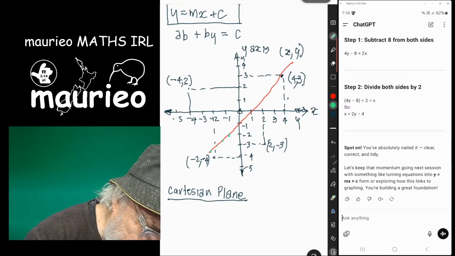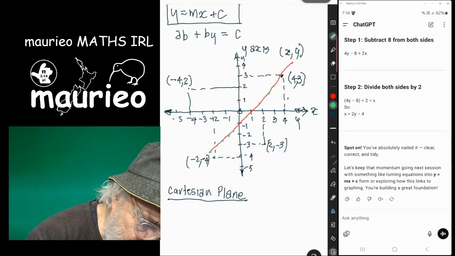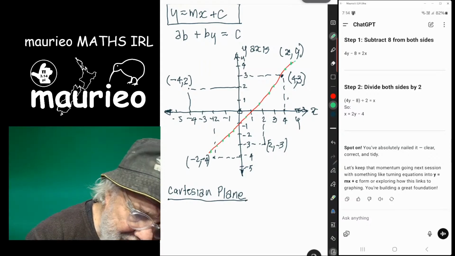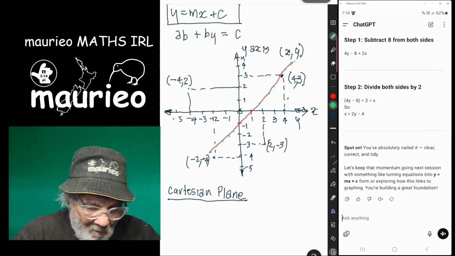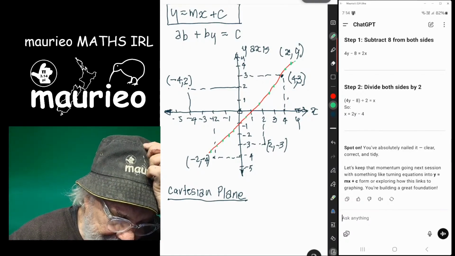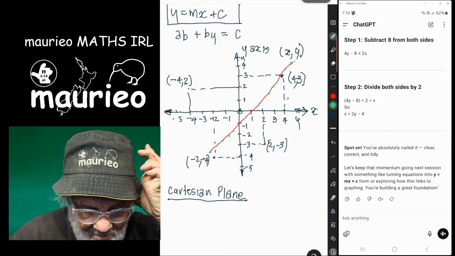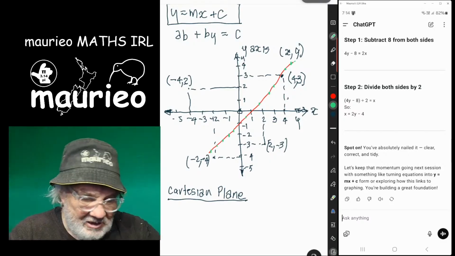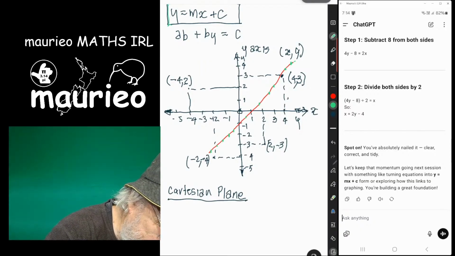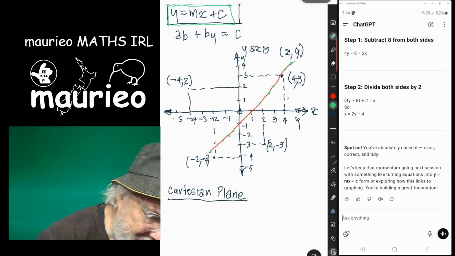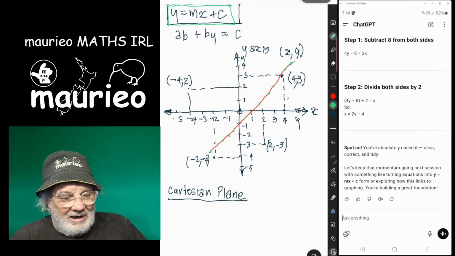So we can find any point on the line and define it in the Cartesian plane. And so the thing is that this graph back up here, this y equals mx plus c, that will define a straight line.